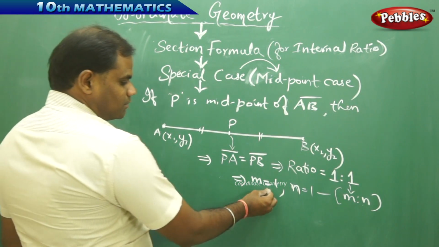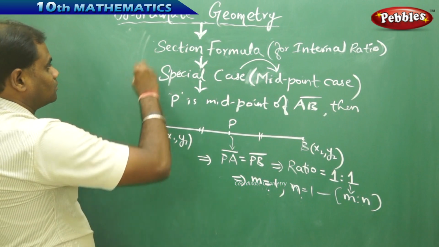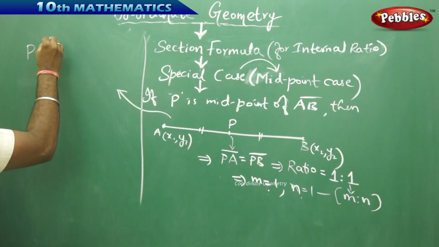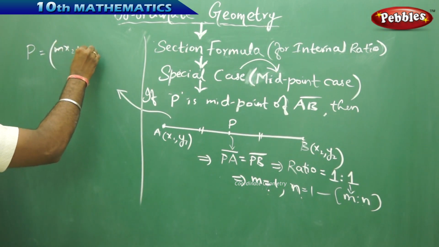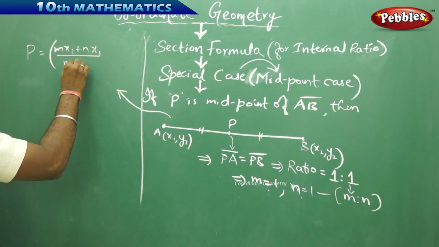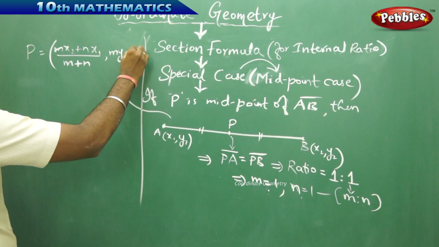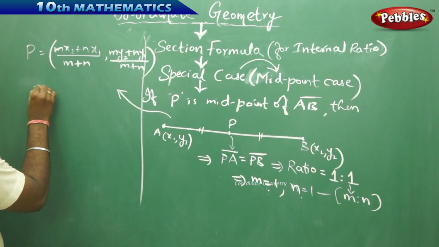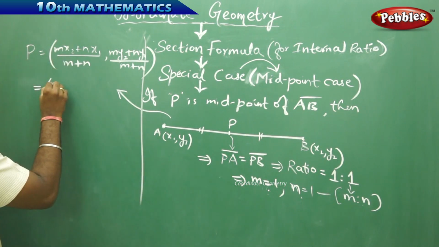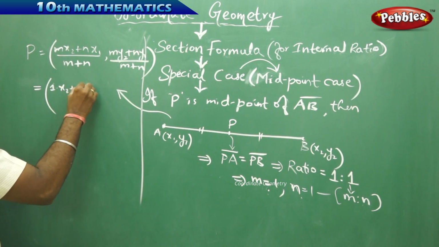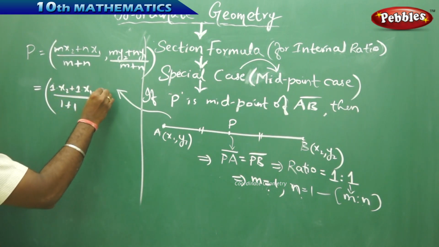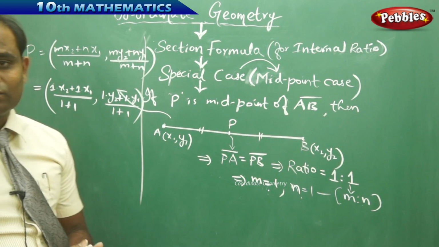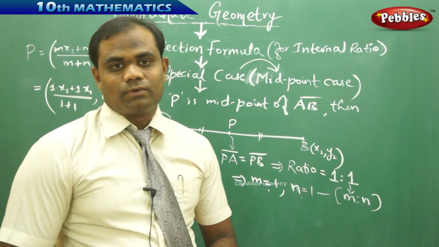Since m equals 1 and n equals 1, when I use the formula, P equals (1x2 + 1x1)/(1 + 1), (1y2 + 1y1)/(1 + 1).